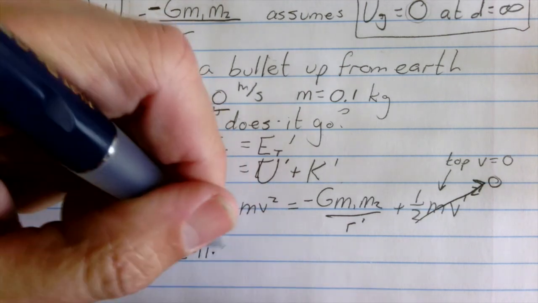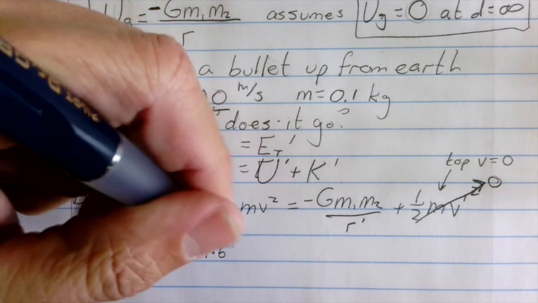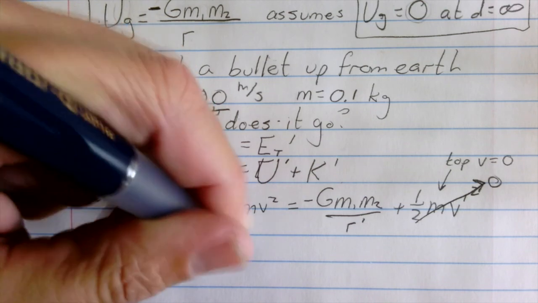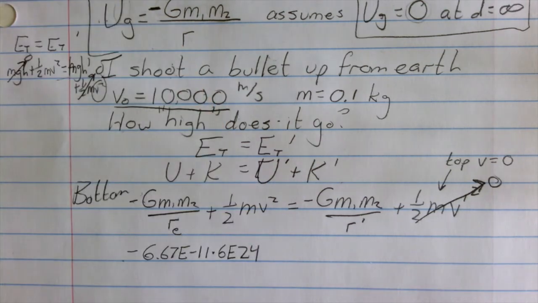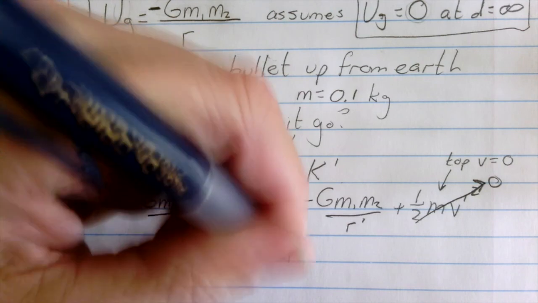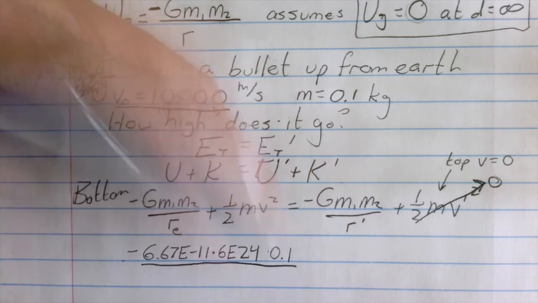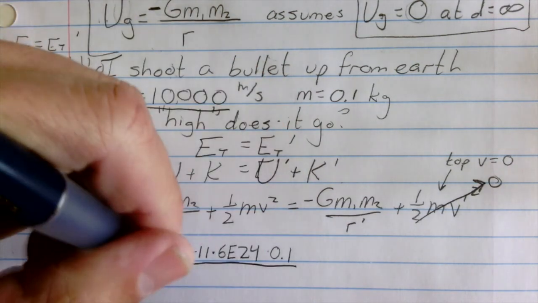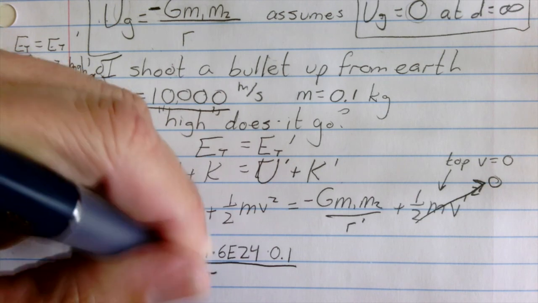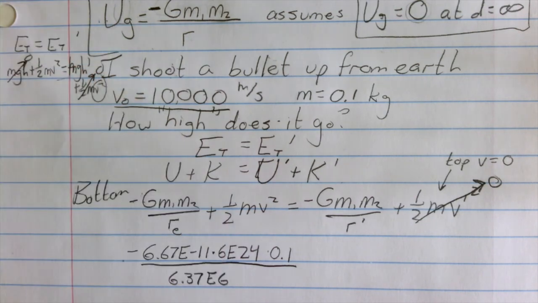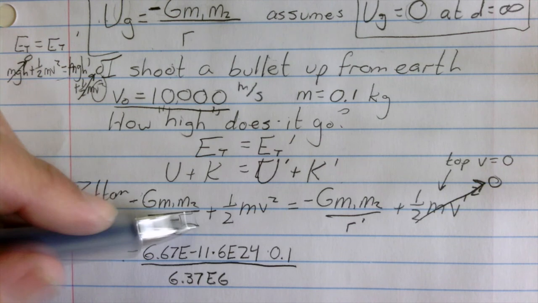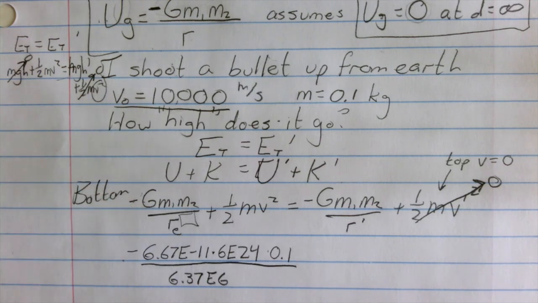I'm going to round to 6 times 10 to the 24th kilograms. Use the real one. Times 0.1. I just want to show you what gets plugged in here. Times the radius of the Earth, about 6.37 times 10 to the 6th meters. And notice, no exponent. You're going to screw that up an awful lot.